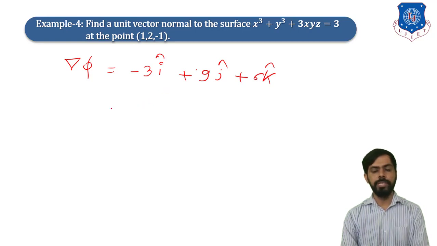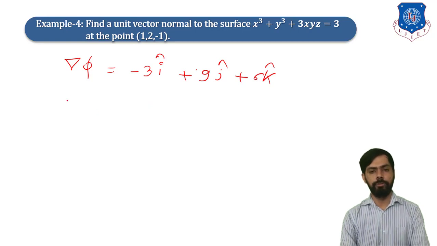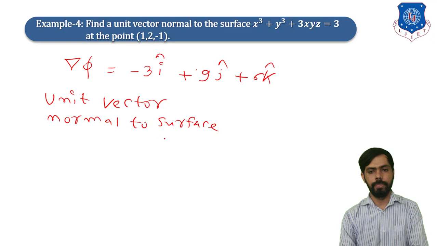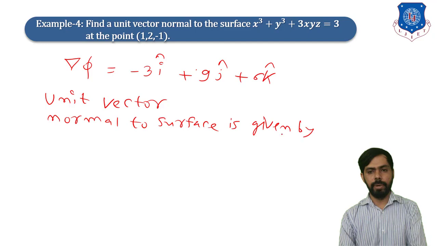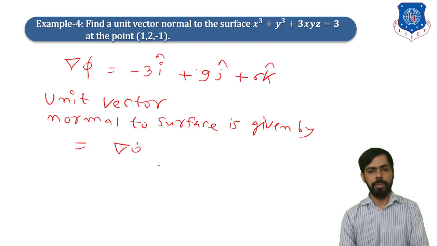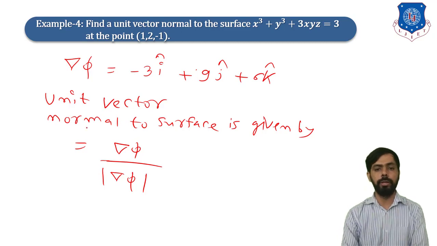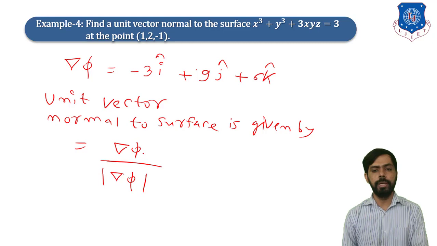But as we have to find the unit vector normal to the surface, it is given by grad phi divided by its magnitude. Grad phi gives us the normal vector to the surface, but in this example we have to find the unit vector normal to the surface, so it will be grad phi divided by its magnitude.